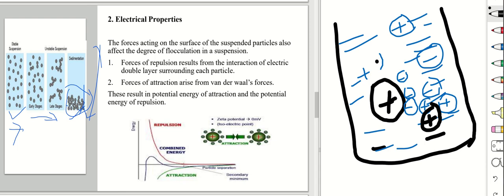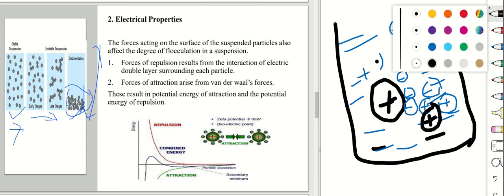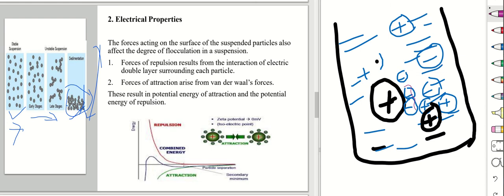Because of these charges, the drug particles are loosely held together. It could be either negative charges or positive charges based upon the charge of your drug particle. So that is how the electrical properties of a suspended particle play a major role in the formation of aggregates, loosely packed aggregates.